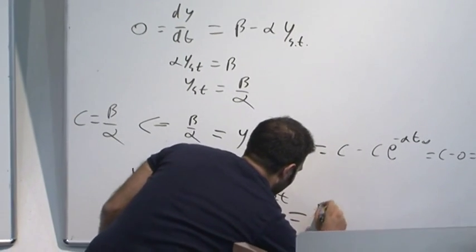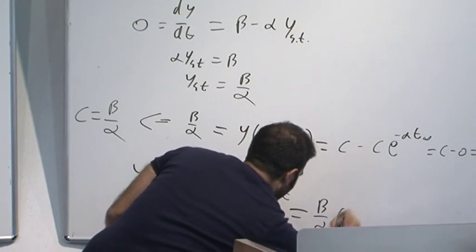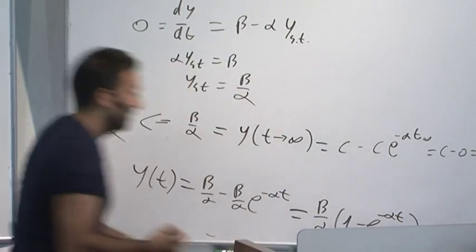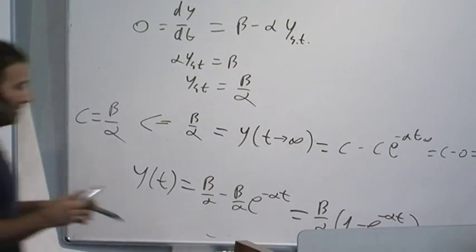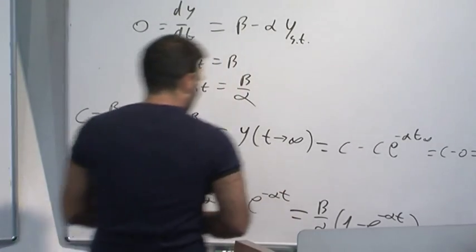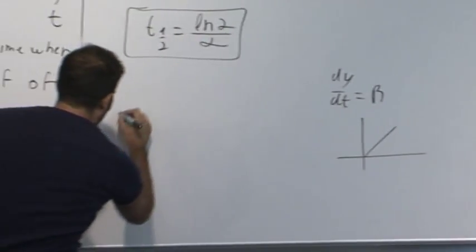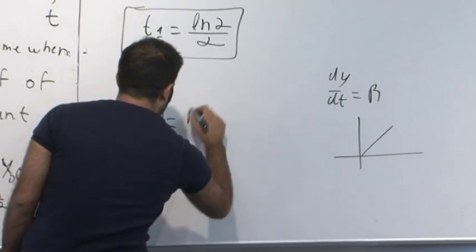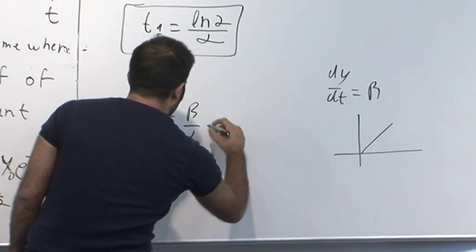Okay, we can write it a different way, just taking the beta over alpha outside the brackets. I will write it here bigger. Final solution.